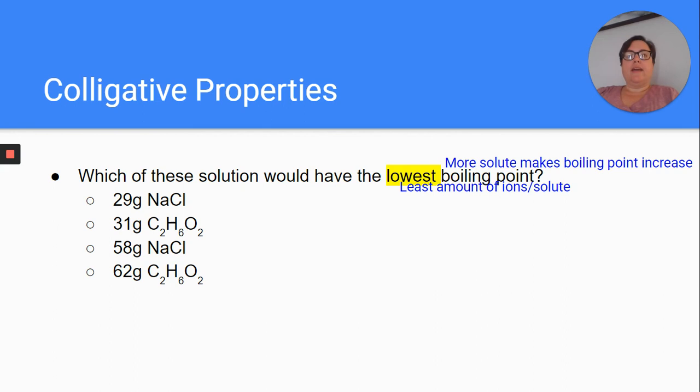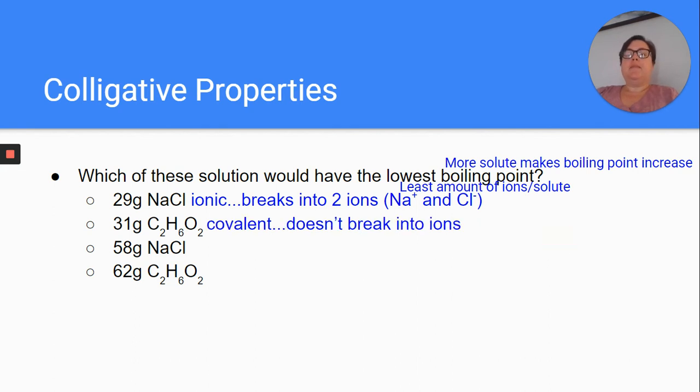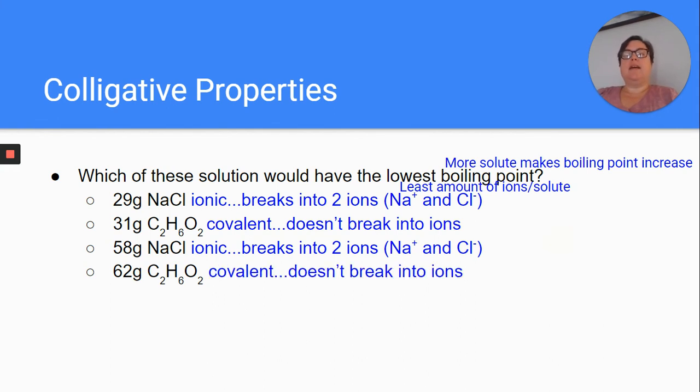So then I go through and categorize my answer choices. NaCl is going to break apart into 2, Na plus and Cl minus. C2H6O2 is covalent because they're all nonmetals, so they're not going to break apart at all. We would count that as a 1. NaCl is 2 because it breaks into 2 ions, and covalent would count as 1 because it doesn't break into ions.